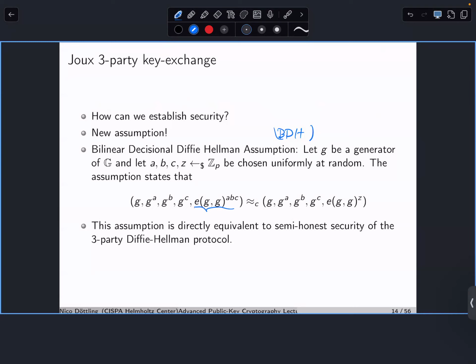So this is the real key, and this is a uniform key, and this stuff here is just the protocol transcript.